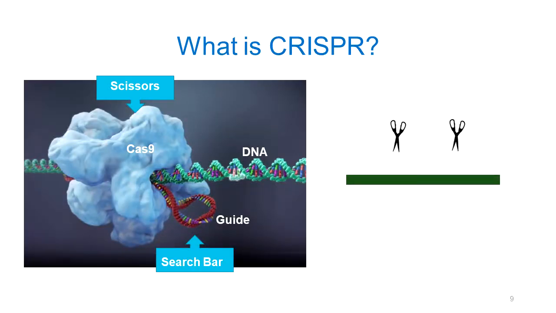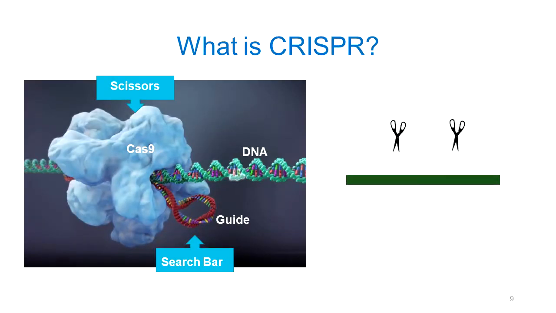So now, how do we do it? We are doing it using CRISPR, a genome editing tool. You can think about CRISPR as molecular scissors. It contains two components. One is a protein called Cas9, and the other is a guide. It's an RNA molecule, and it's the search bar.